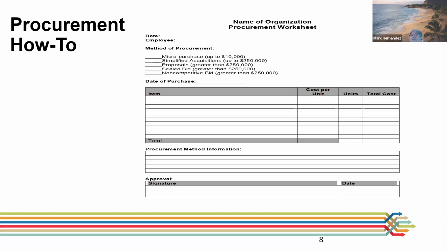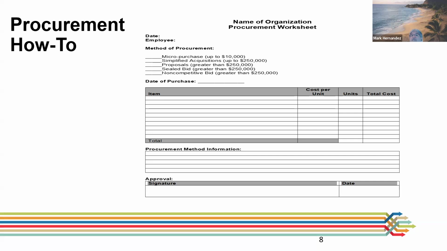And naturally, if you were doing, let's say, a proposal, then your procurement methodology information needs to be really addressed in that situation. That's pretty rare that you're going to have something over $250,000 that you're doing, considering most of our grants are supplemental grants.